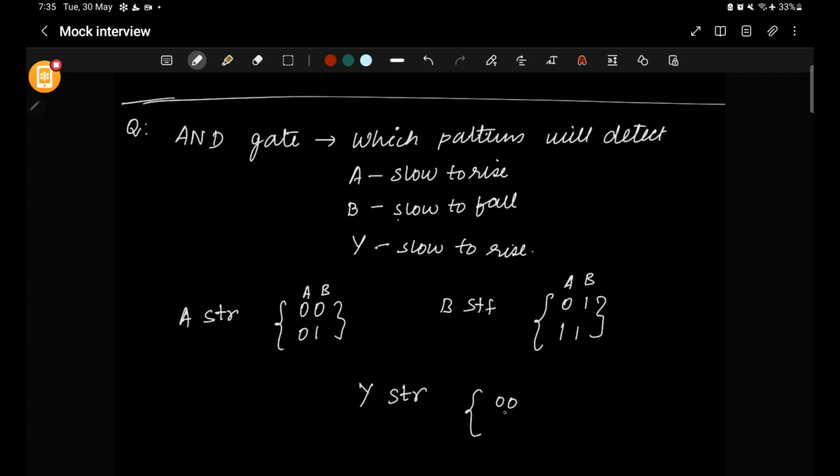Can you just explain using Paint how you have arrived at it? Any one fault you can just tell.